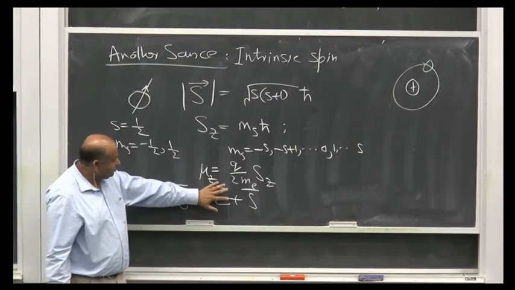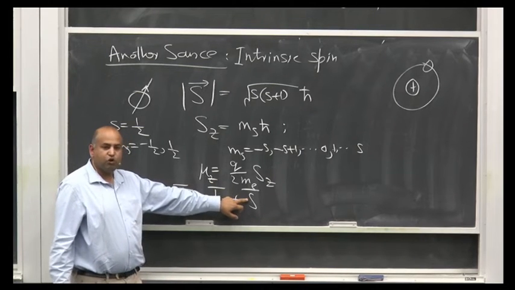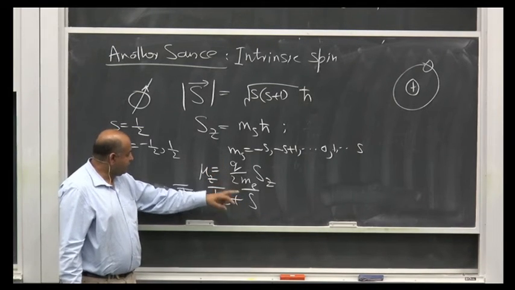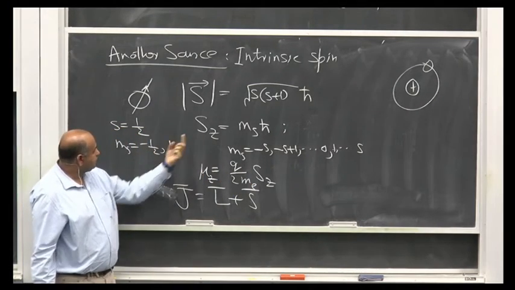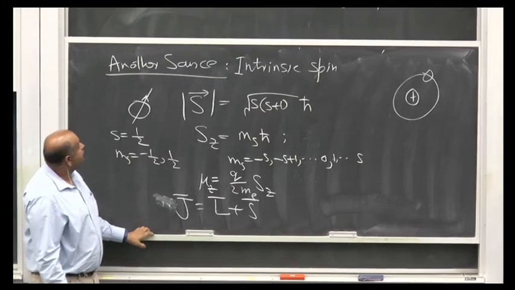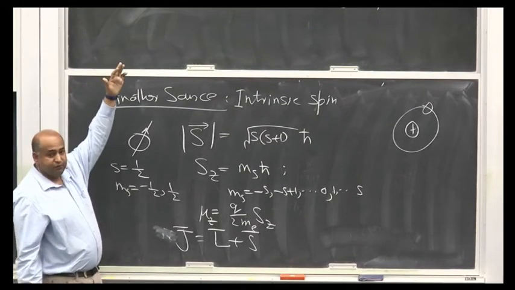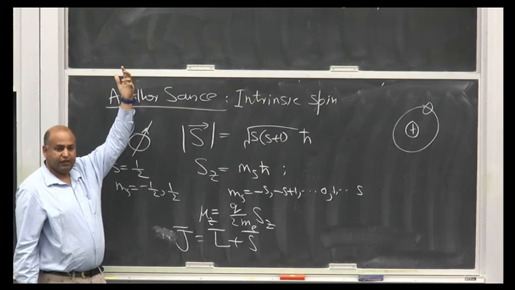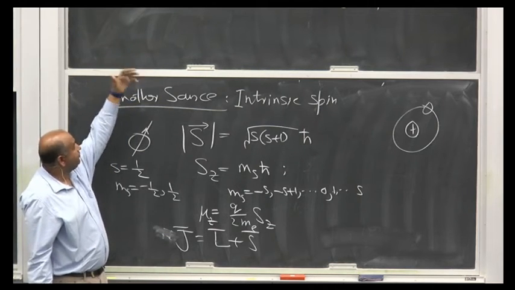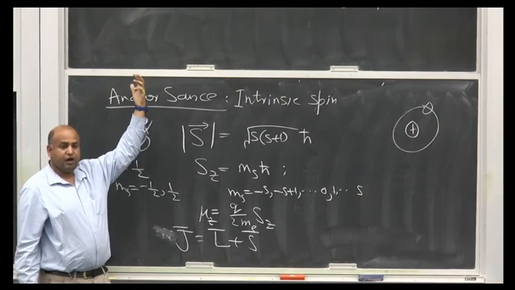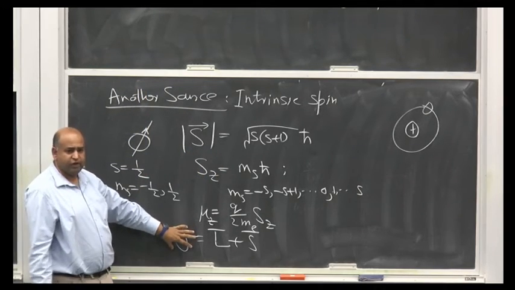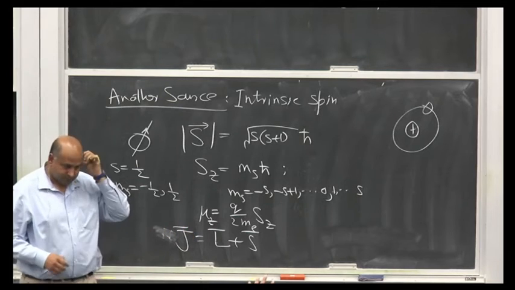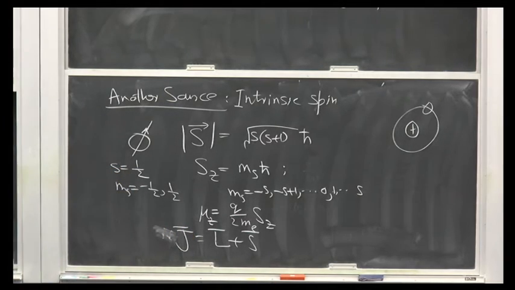Now in the 1s state this is 0, but this is non-zero, and how many values are possible? Two values of its z component are possible, because sz is either minus half h cut or plus half h cut. That's why some of the atoms went up, which have plus half h cut angular momentum, and some of them went down, which have the negative of h cut angular momentum. J is the total angular momentum. Roughly, if you are getting those hydrogen atoms randomly, half of them go each way.